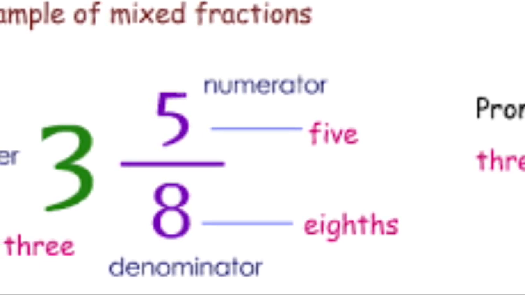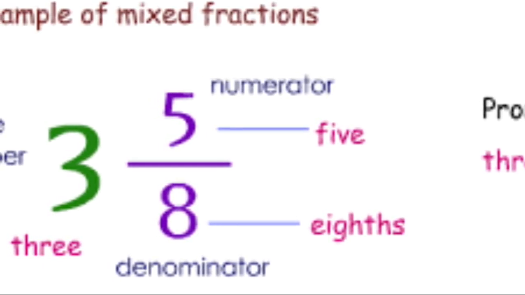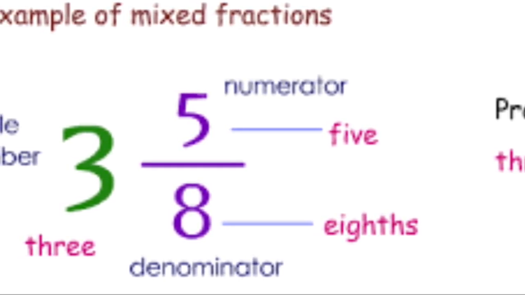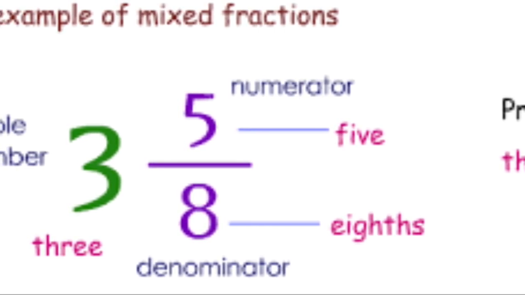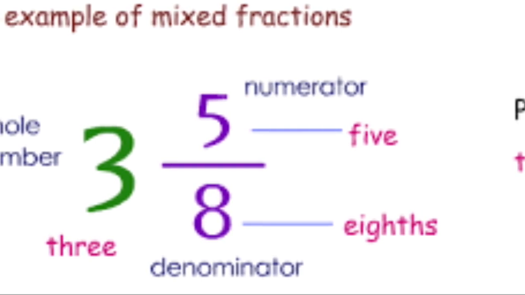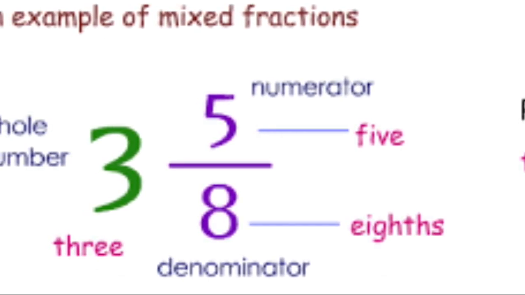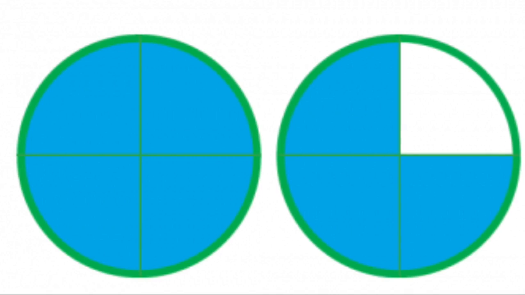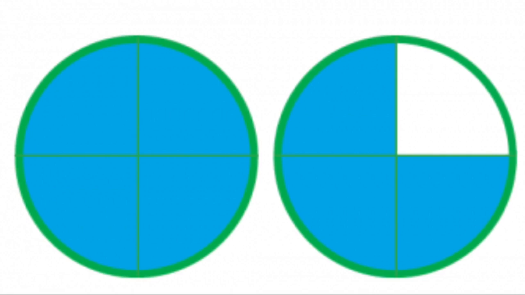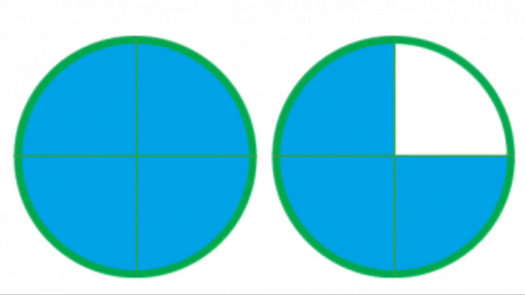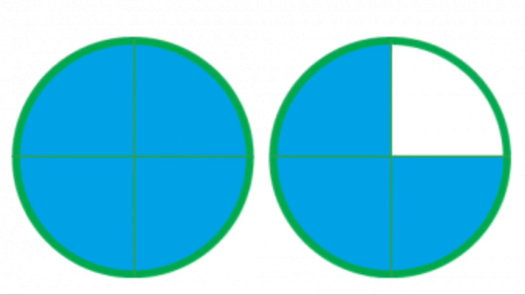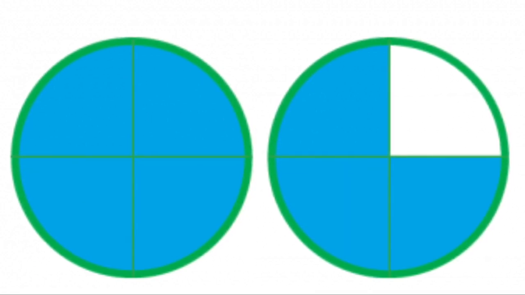So you say the whole number first, then you say the fraction. This fraction shows 1 3/4. 1 whole and then 3 out of 4 of the other one. So it would be 1 3/4.